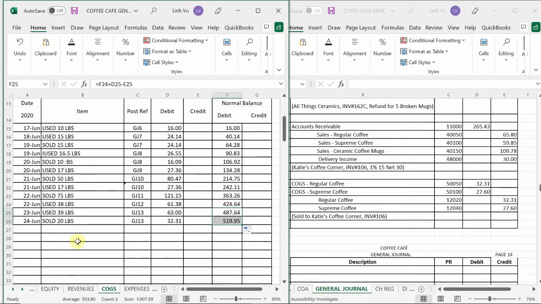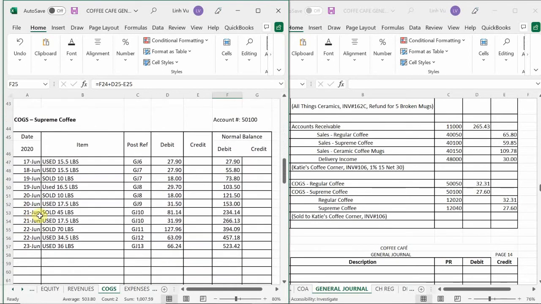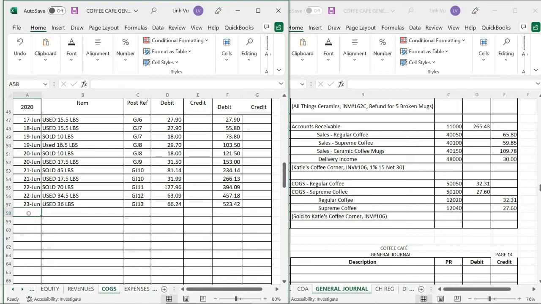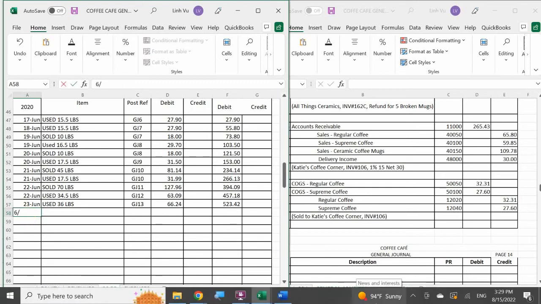Okay, and on the Supreme cost of goods, we also sold 15 pounds for a total of 27.60.